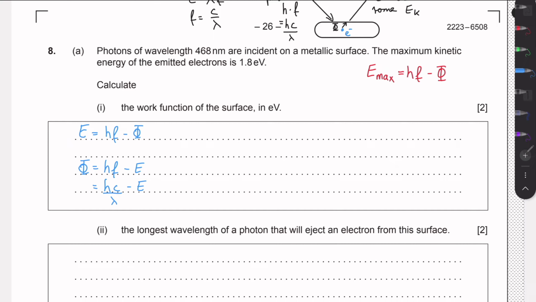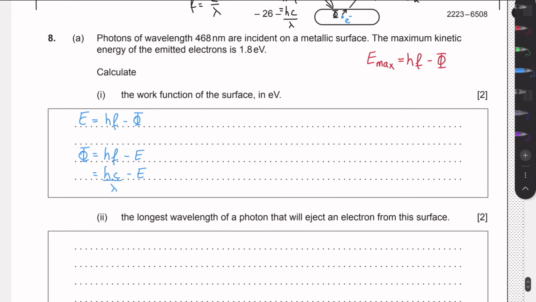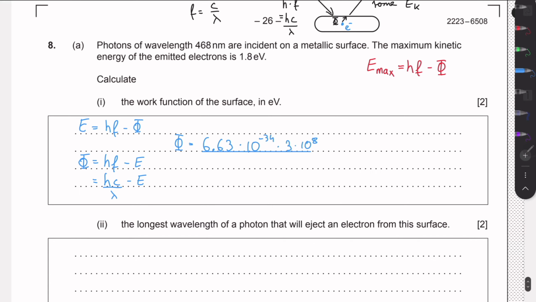Now we just need to plug in these values, making sure everything is in the correct units. Planck's constant is 6.63 times 10 to the minus 34, the speed of light is 3 times 10 to the 8, and the wavelength was 468 times 10 to the minus 9 meters.